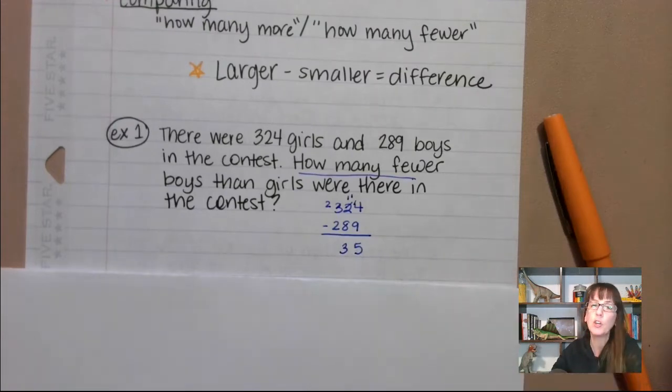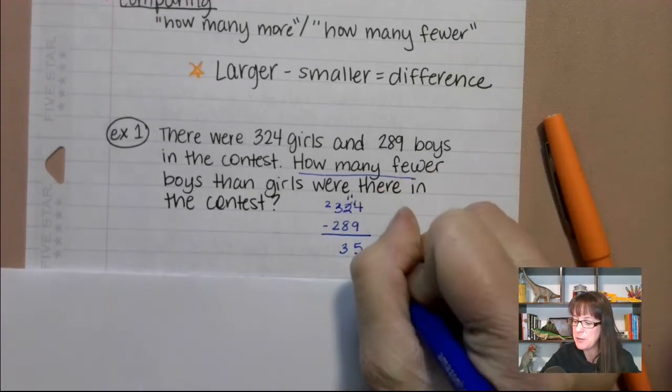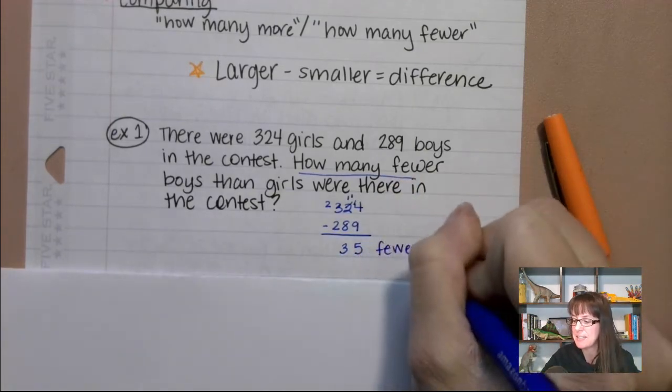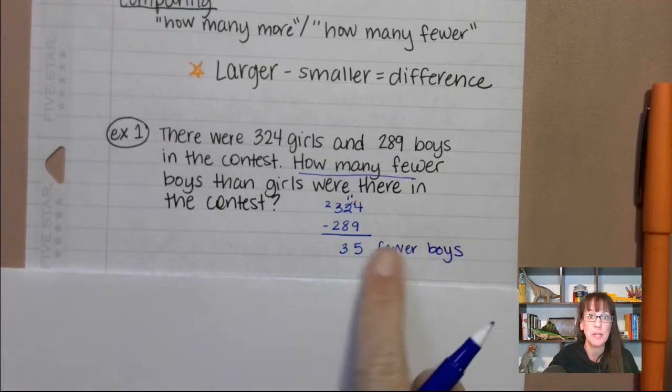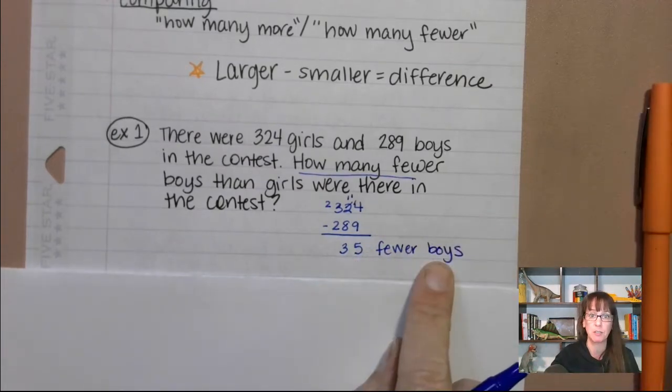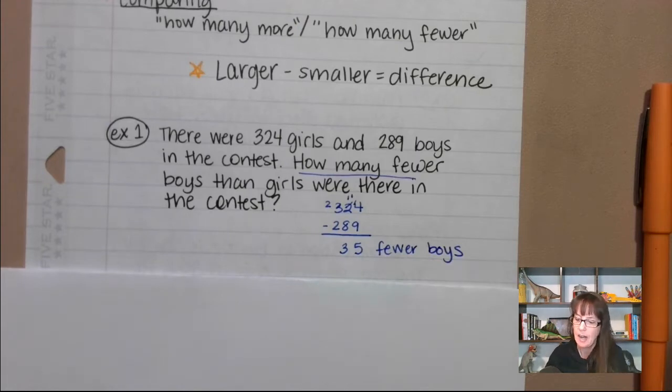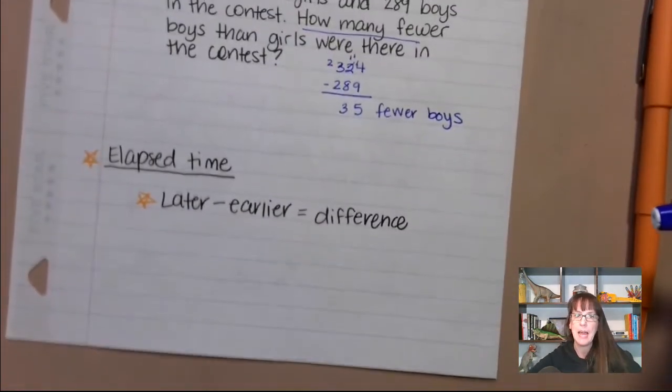So there were 35 fewer boys. Remember, with a word problem, you always want to use a unit, so you want to make sure to be answering the correct question.